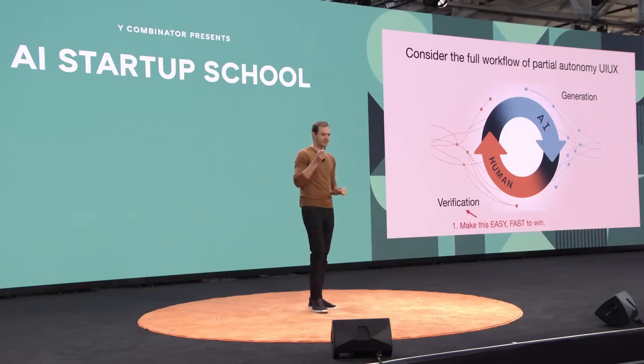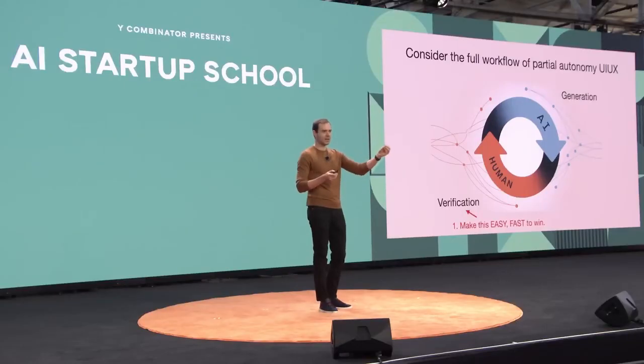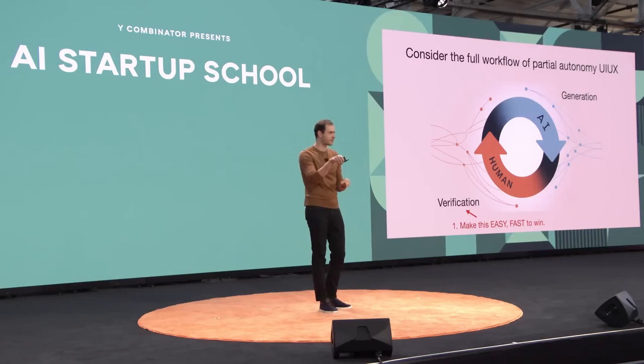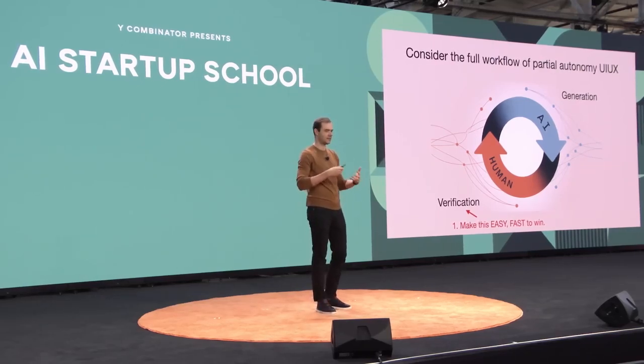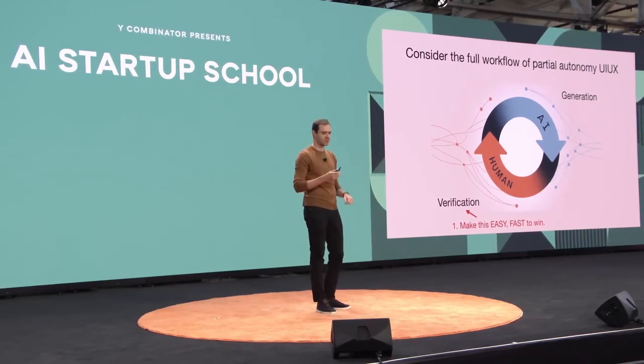Number one, you can speed up verification a lot. And I think GUIs, for example, are extremely important to this because a GUI utilizes your computer vision GPU in all of our heads. Reading text is effortful and it's not fun, but looking at stuff is fun, and it's just kind of like a highway to your brain. So I think GUIs are very useful for auditing systems and visual representations in general.